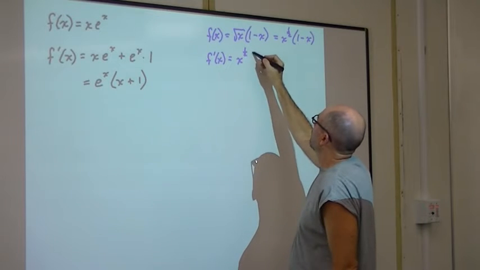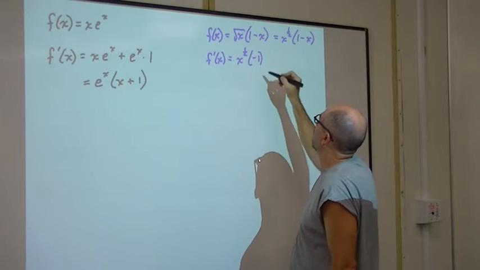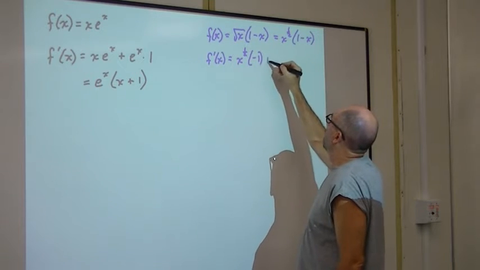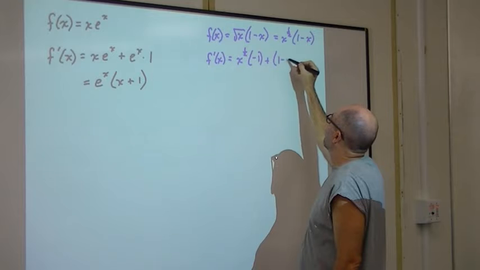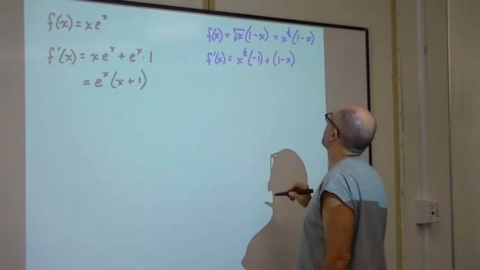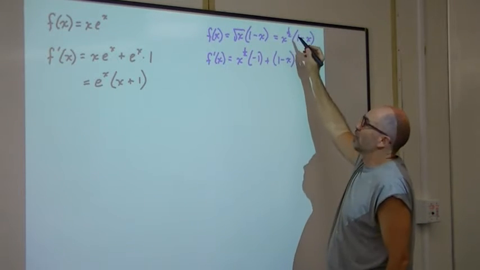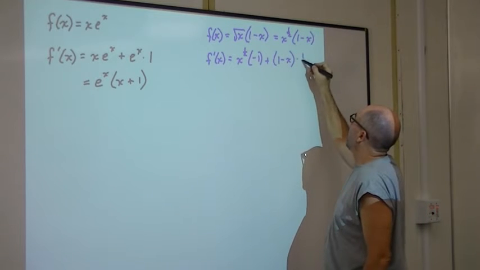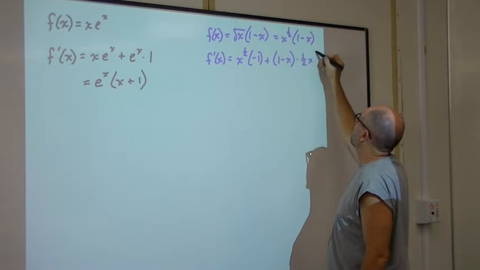So this becomes x to the 1/2 times negative 1. So first times derivative of the second, plus second times derivative of the first. Now the derivative of x to the 1/2 is going to be 1/2 x to the negative 1/2.